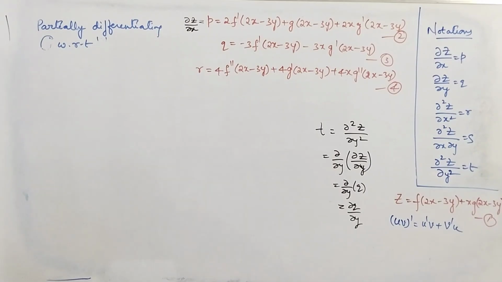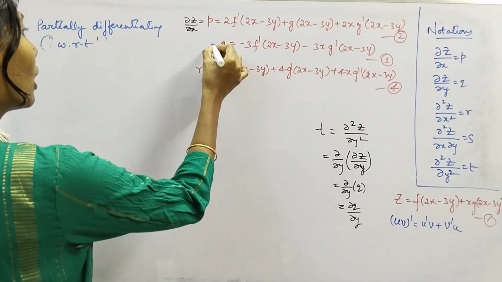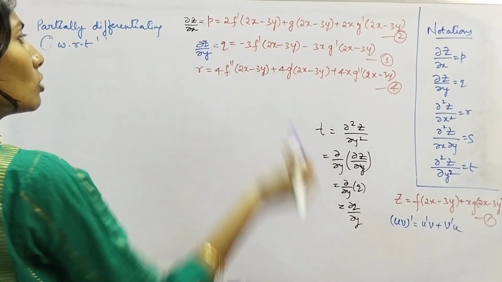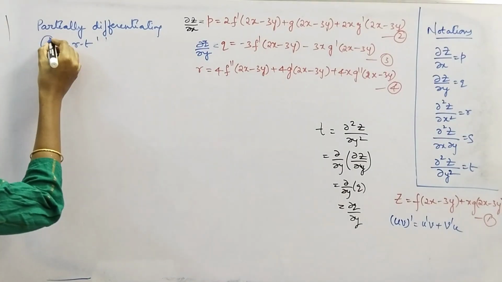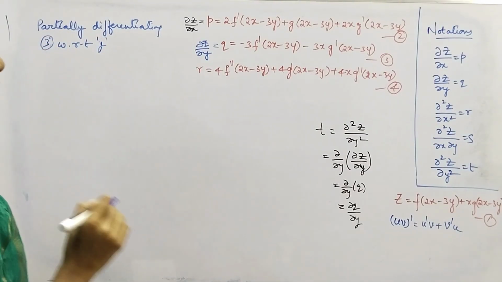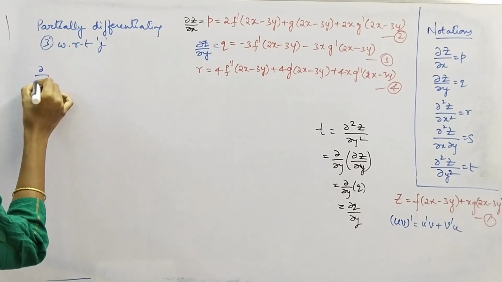Now we are going to find the equation involving t, so we'll use equation 3, which involves q, right? Here q can be written as ∂z/∂y because q is nothing but ∂z/∂y, right? Let's now partially differentiate equation 3 with respect to y, so that we'll get the equation involving t. Let's see that also, okay?